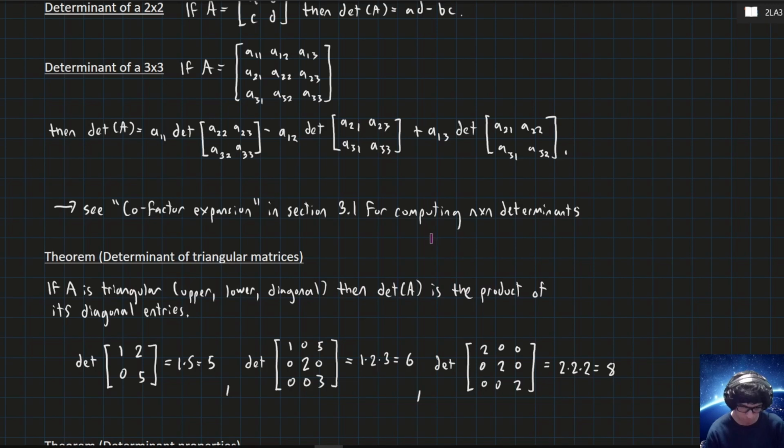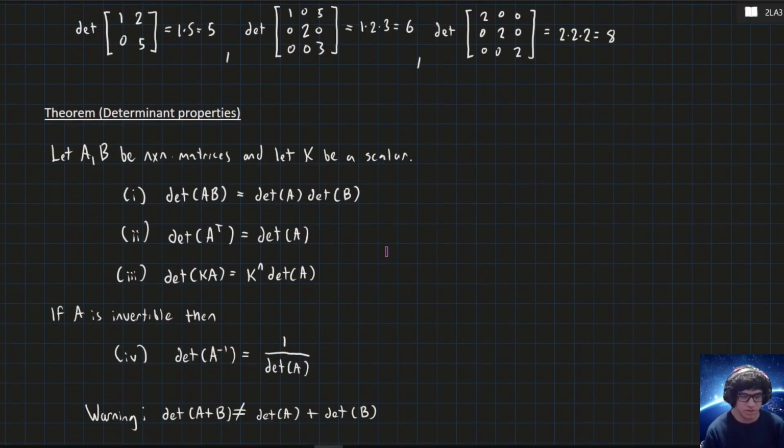That's a nice easy computation. Here are some examples. This is an upper triangular matrix, so the determinant of A is 1 times 5. This is upper triangular too, so the determinant of A is the product of the diagonals. This is a diagonal matrix, so the determinant is the product of its diagonal entries.